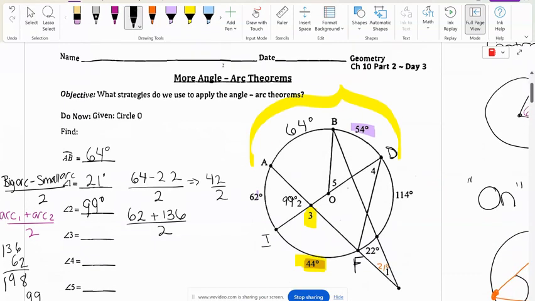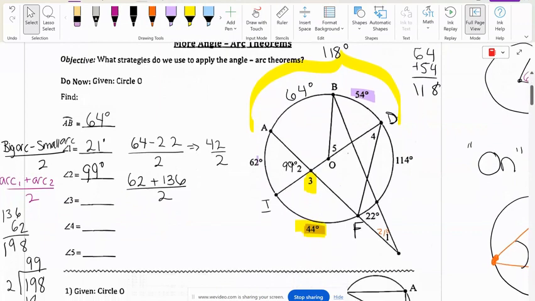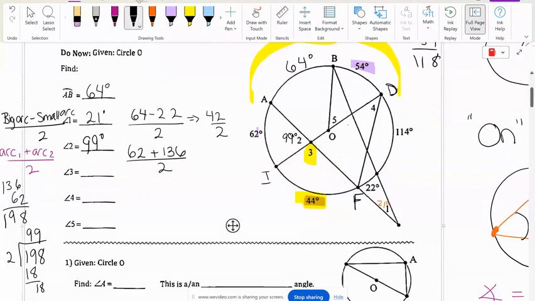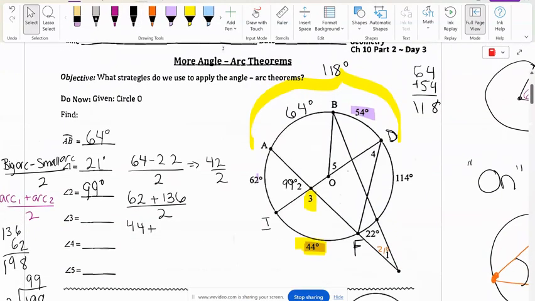So we do 64 plus 54 is 118 for arc AD. And then we're going to do arc plus arc divided by 2 again. So we're doing 44 plus 118 divided by 2.